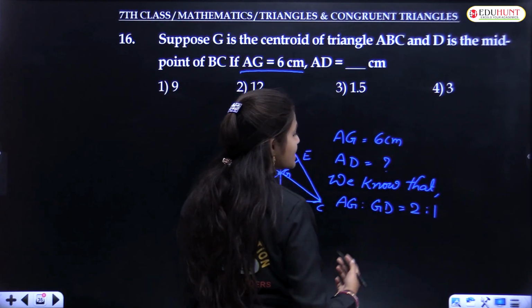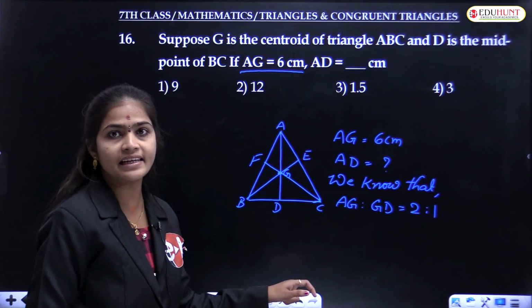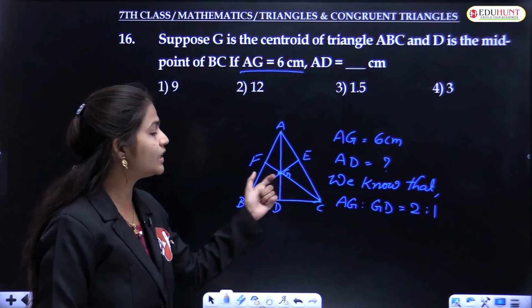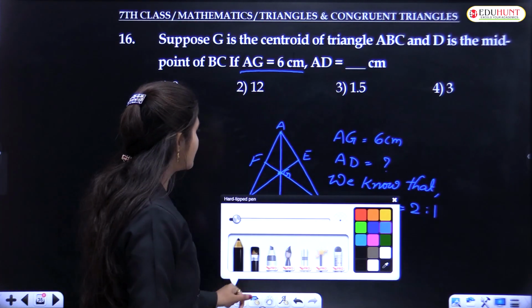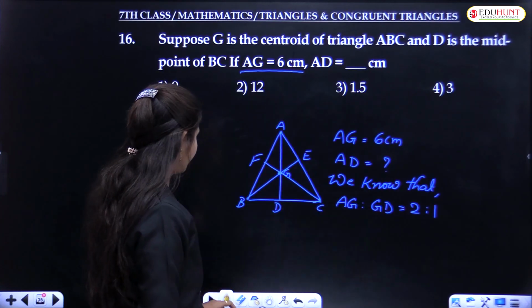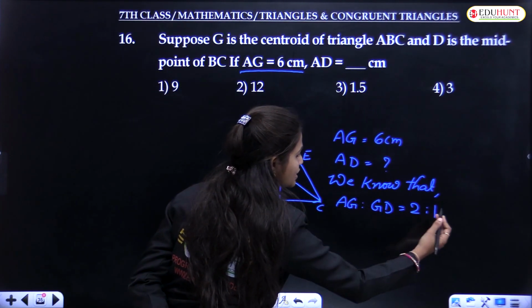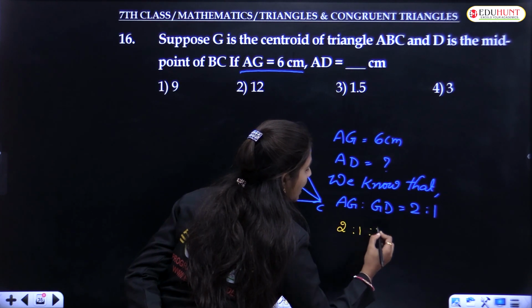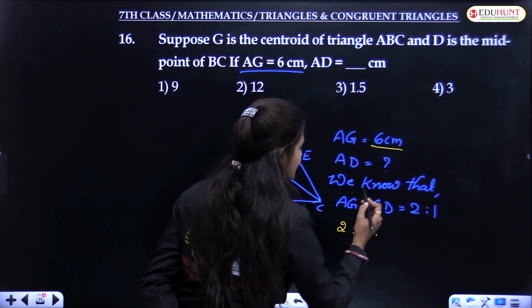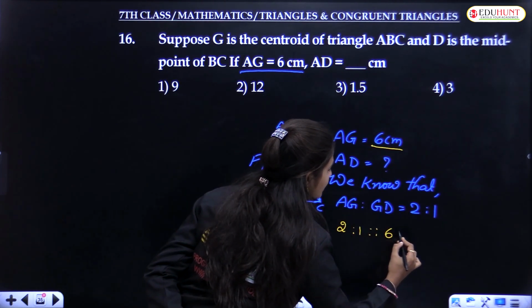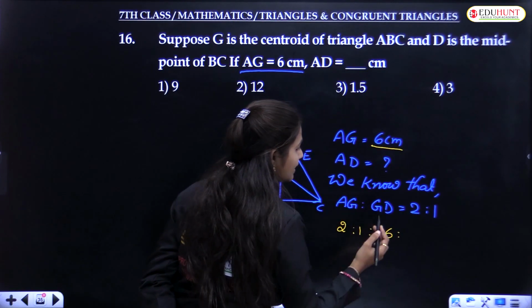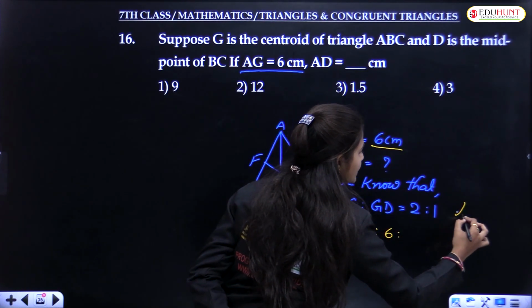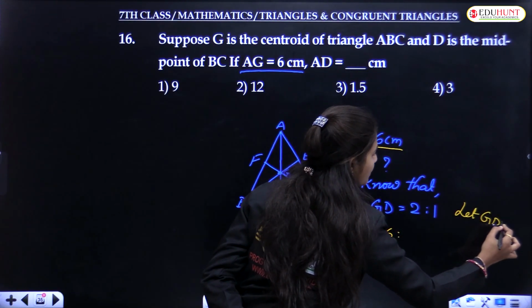First we need to find GD, and only after that go for AD. So AG is to GD is 2:1. Here AG is equal to 6 centimeters and GD we don't know, right? So let GD be some x.